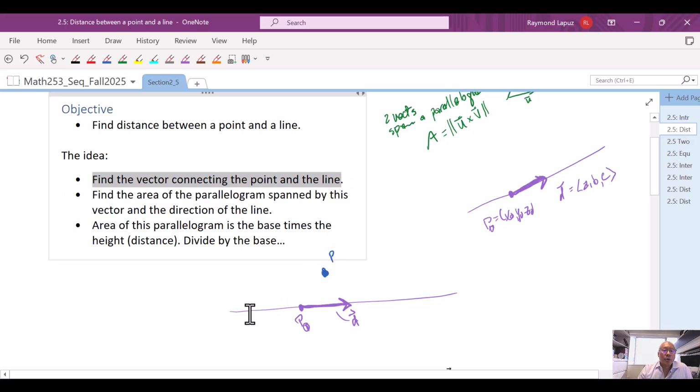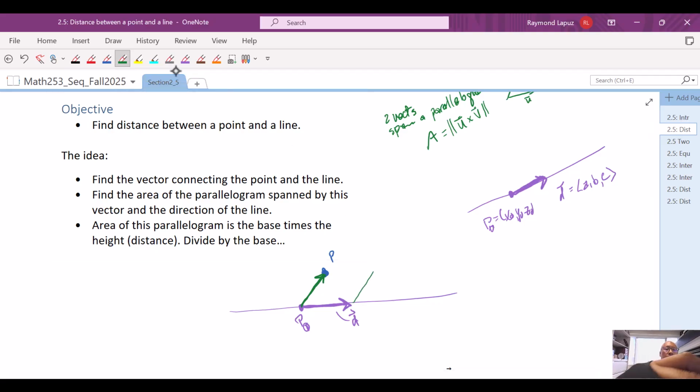We can choose any point on the line, so let's just choose the easiest one. This vector connects these two points, so we would do some sort of subtraction to connect them. Now it turns out that this actually forms a parallelogram that looks kind of like this, and we can find the area of that parallelogram.